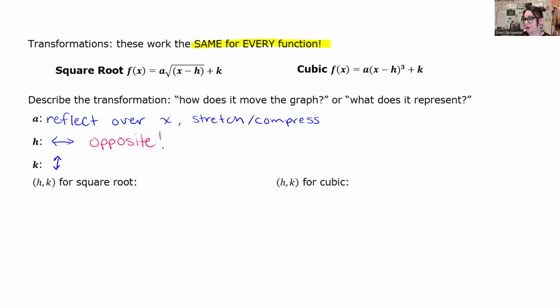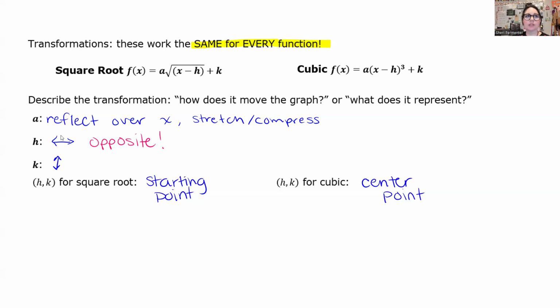H and K for a square root is the starting point. H and K for a cubic is the center point. So for a square root, it's the start, and for a cubic, it's the center.